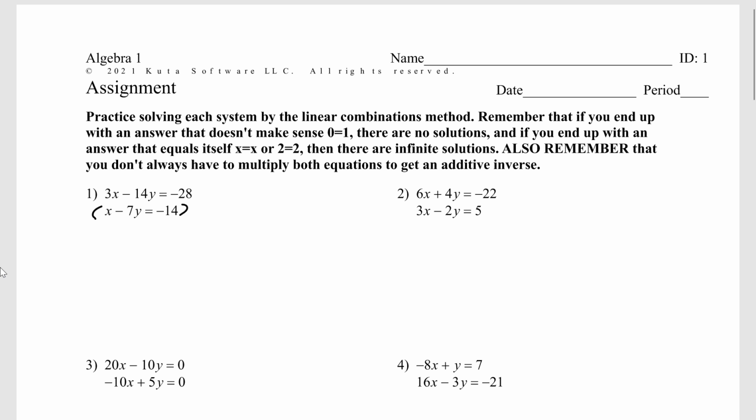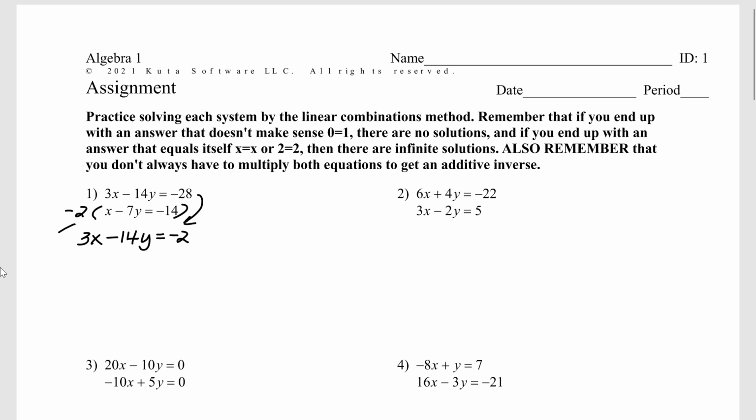To do that, I'm going to multiply my entire equation by a negative 2. By multiplying by -2 on my -7, that will leave me with a positive 14y. And that's what I want. So let's start by rewriting my top equation because nothing changed there.